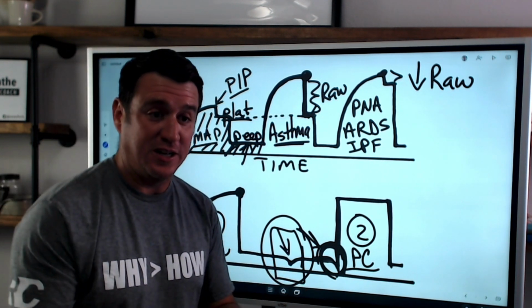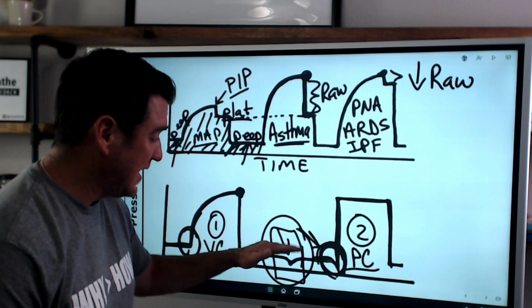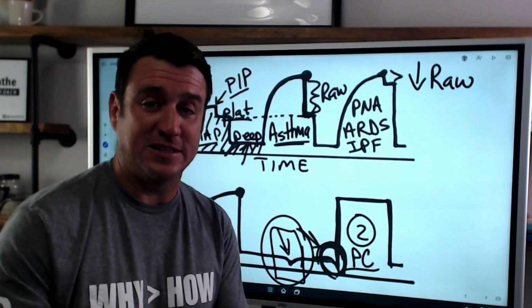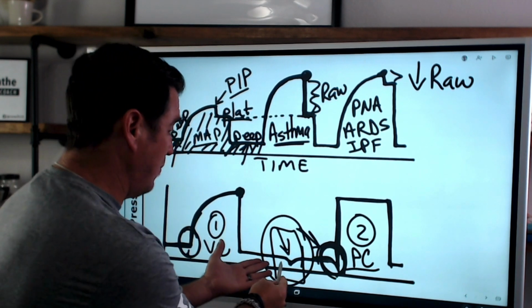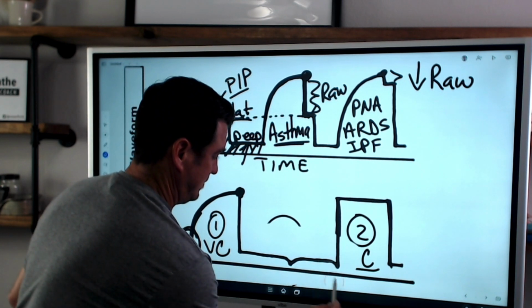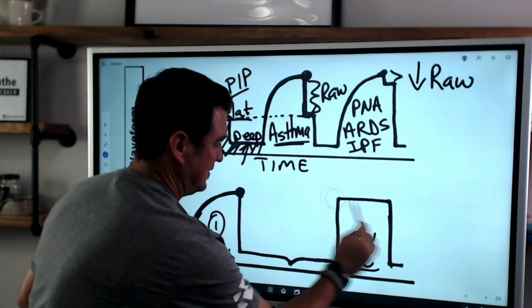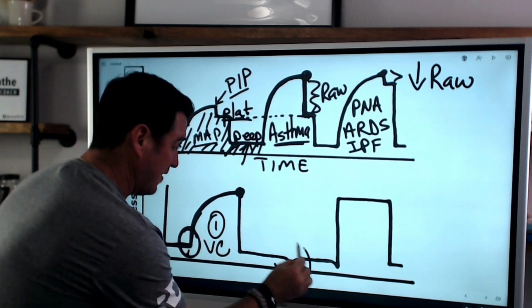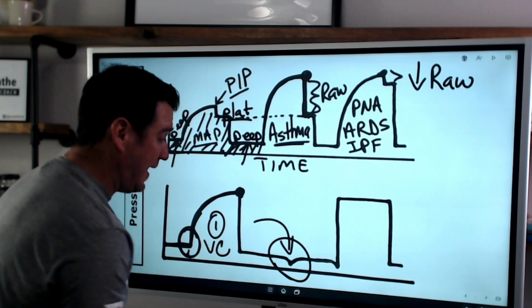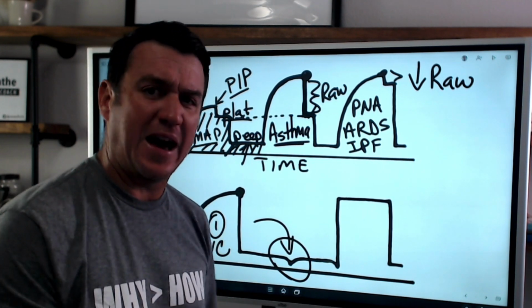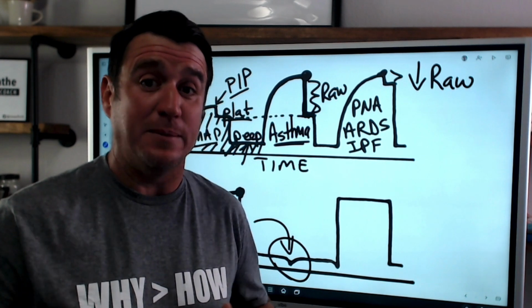That deflection in the baseline says, hey, the patient attempted to take a breath, but there was no breath that happened. Let's look at it again. Here, the patient tried to initiate a breath. There's a dip in the pressure waveform. How did that happen? Because the diaphragm dropped.